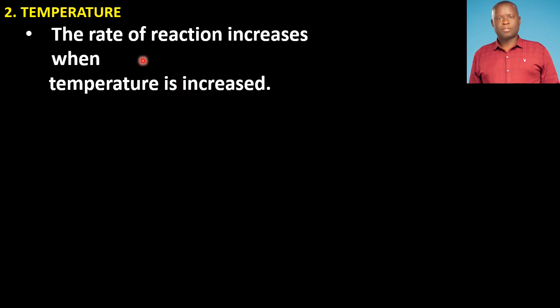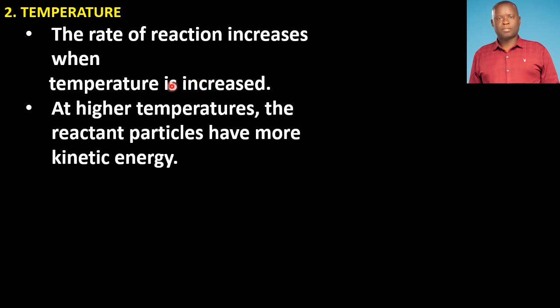So when temperature is raised, say from 25 to 30 degrees or kelvins, the rate of a reaction increases. But like I said, you should be able to explain why. Why does the rate of reaction increase when the temperature increases?